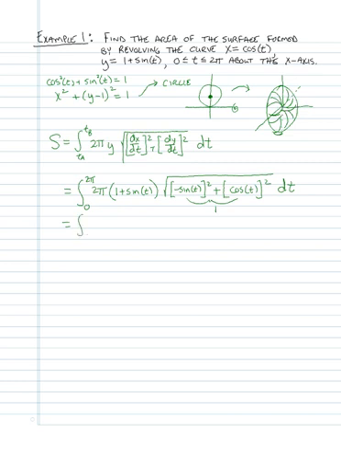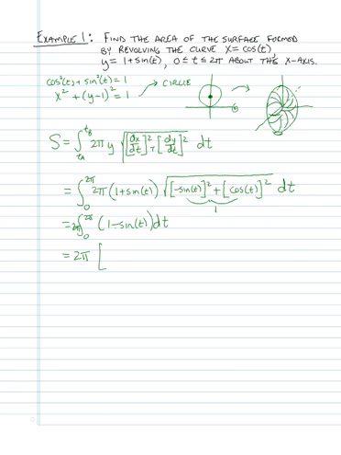So this is the integral from 0 to 2 pi. Let's go ahead and factor out the 2 pi that we have inside the integrand of 1 plus sine of t times 1. Well, we don't need to write that. Okay, dt. Well, now this is pretty straightforward. Here's our 2 pi outside the integral.